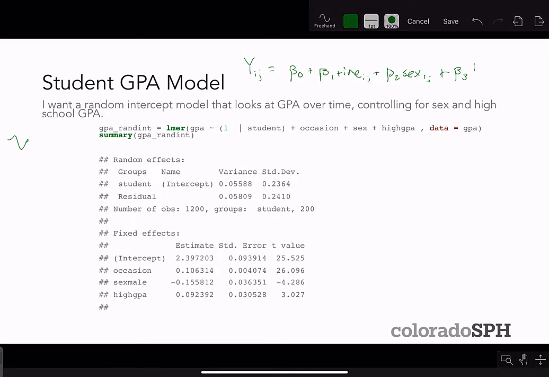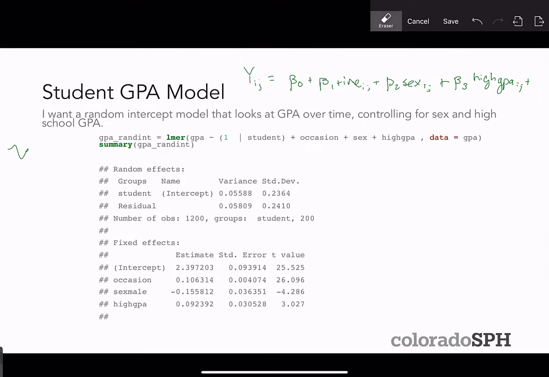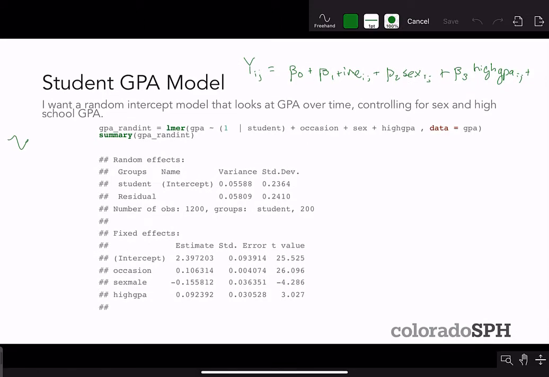And that subject's high school GPA. Plus some error. So that's the actual model, oh, and then I forgot the random effect. So plus the random effect, which in this case is going to just be b_i, because we want just a subject specific intercept, plus the measurement error.